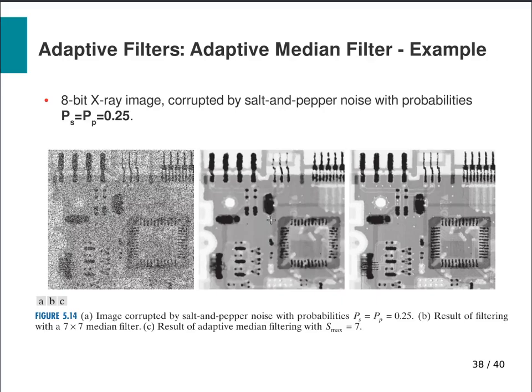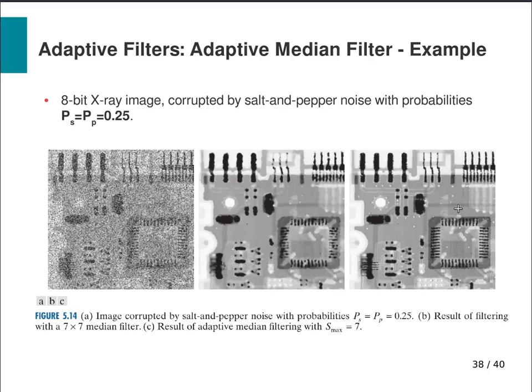At the center we have the result of the filtering with a 7x7 median filter. Even though the result was able to get rid of most of the noise, it is very blurry. So applying median filtering by itself is not enough to get rid of this amount of noise in this image.